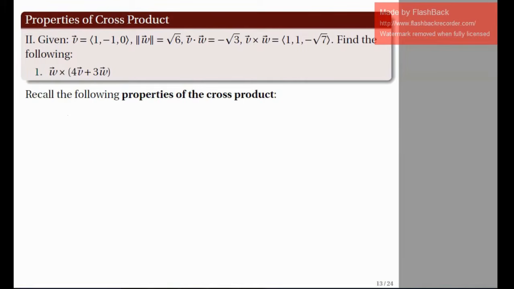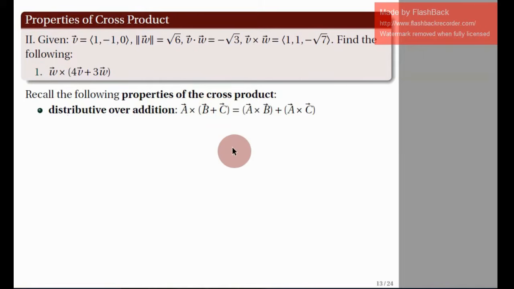The first property to recall is that the cross product is distributive over addition, so that this expression here just becomes the cross product between A and B plus the cross product between A and C. The next property is that if we take the cross product between vector A and a scalar multiple of some other vector B, then it turns out that this scalar that we multiplied can go in different positions inside our cross product.